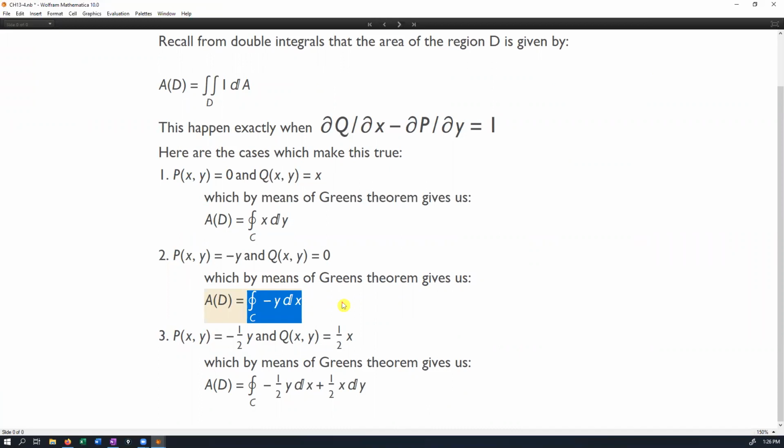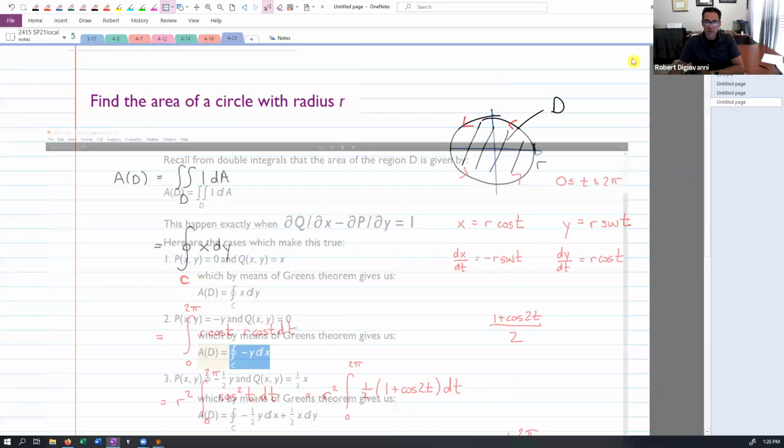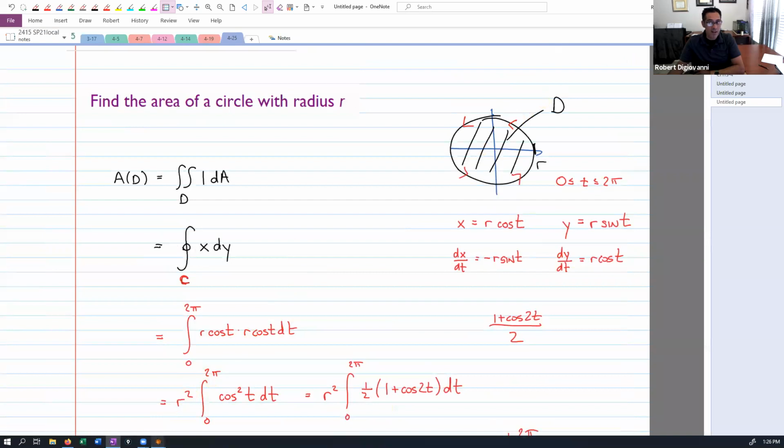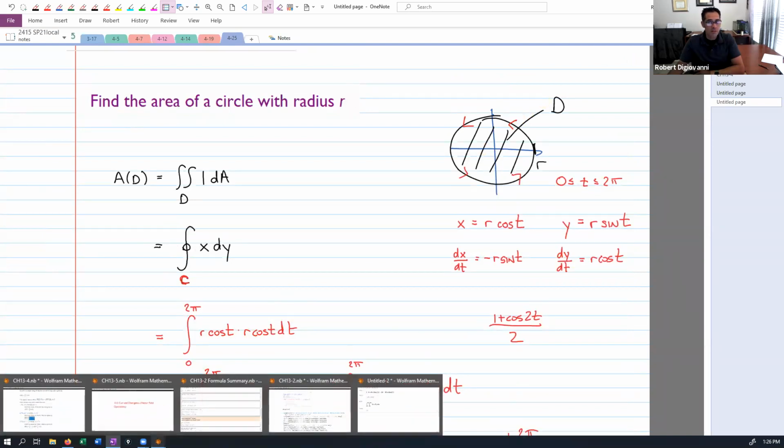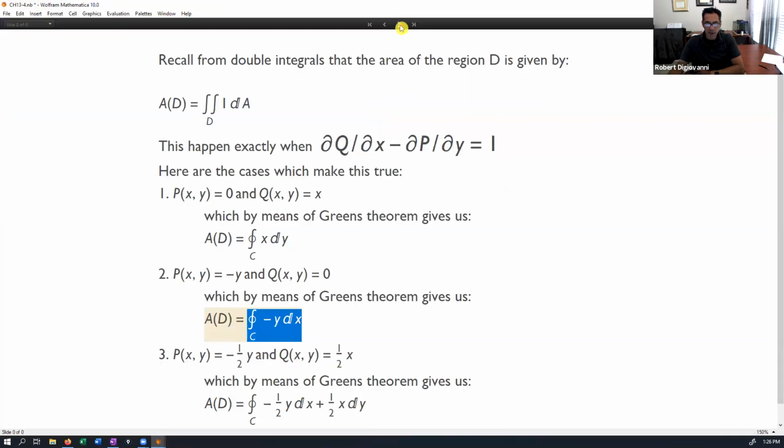So really, we can do this for any area of any region, right? It didn't have to be a circle. It could be anything. Like, how about this one?